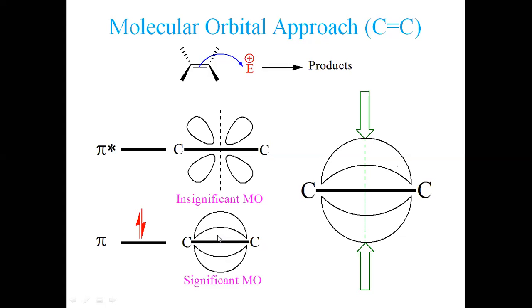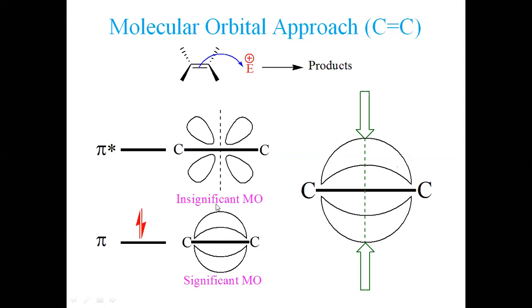Here I have presented the structure of the pi and pi star. Pi resembles these 2 orbitals, meaning the electronic density around the carbon-carbon sigma bond is equally distributed. This is called a banana-shaped molecular orbital.